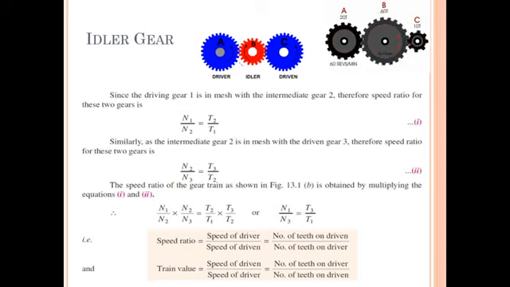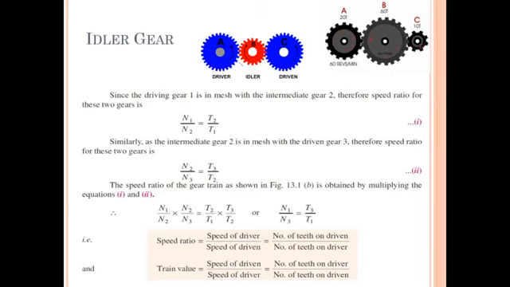Same thing, I can write: speed ratio is equal to speed of first driver divided by speed of last driven, which is equal to the number of teeth on driven gear divided by the number of teeth on driver gear, isn't it? And the reciprocal of this speed ratio will be the train value. You can identify this train value as a reciprocal of speed ratio.